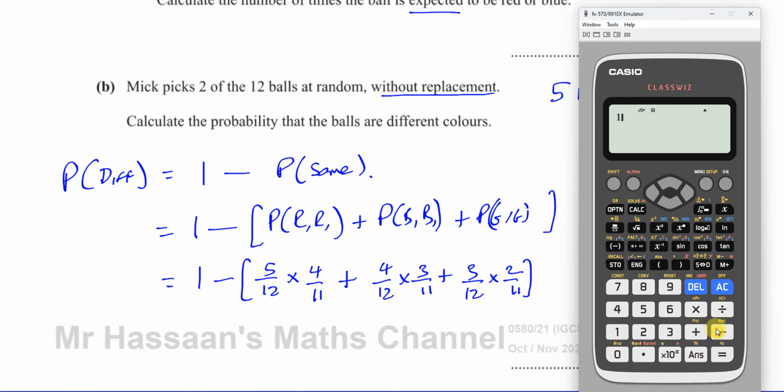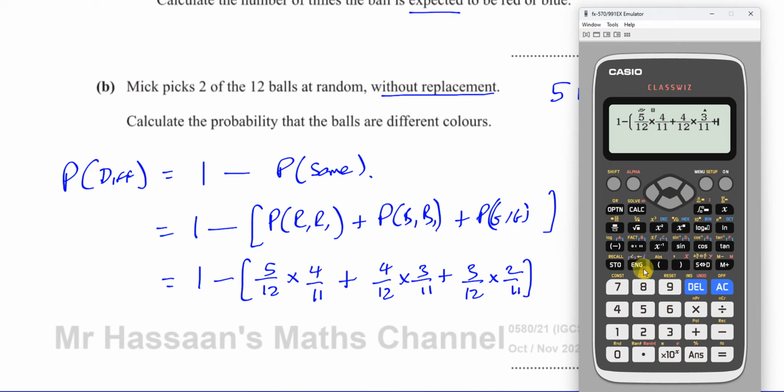So we have 1 minus, in brackets, 5 over 12 times 4 over 11. Then plus another fraction, 4 over 12 times 3 over 11.